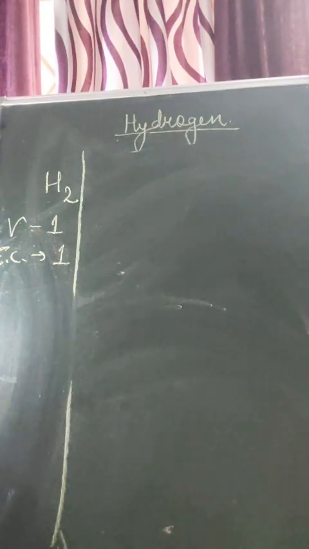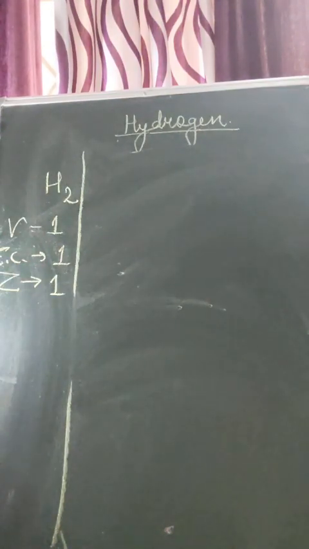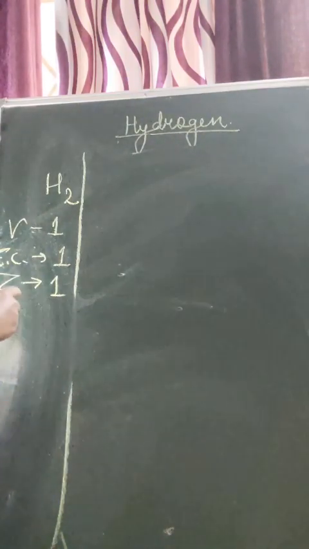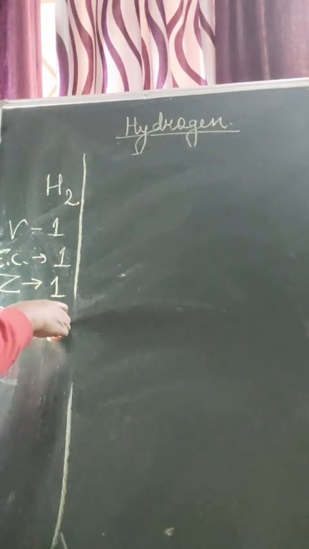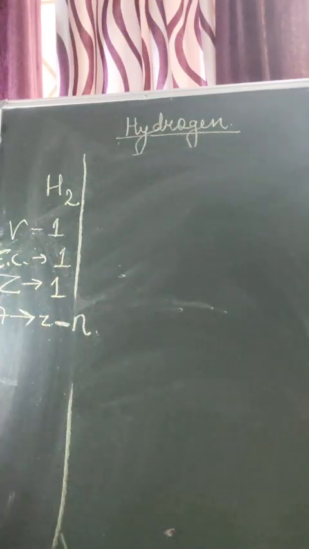Now we have its atomic number 1. Mass number is 1 or 0, because mass number is the atomic number plus number of neutrons.